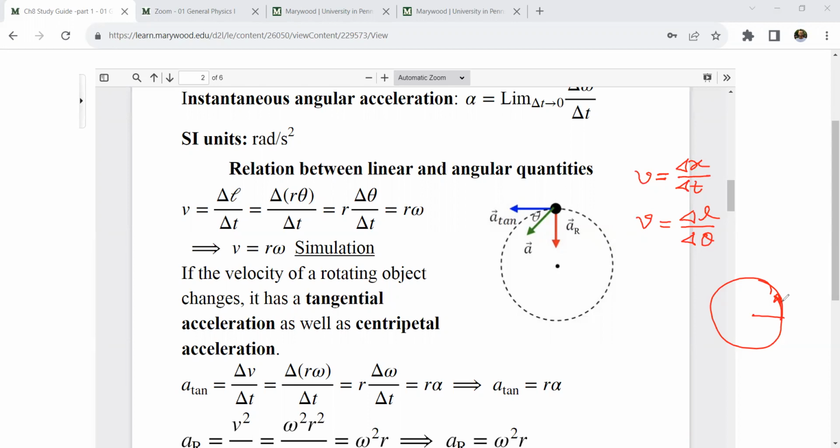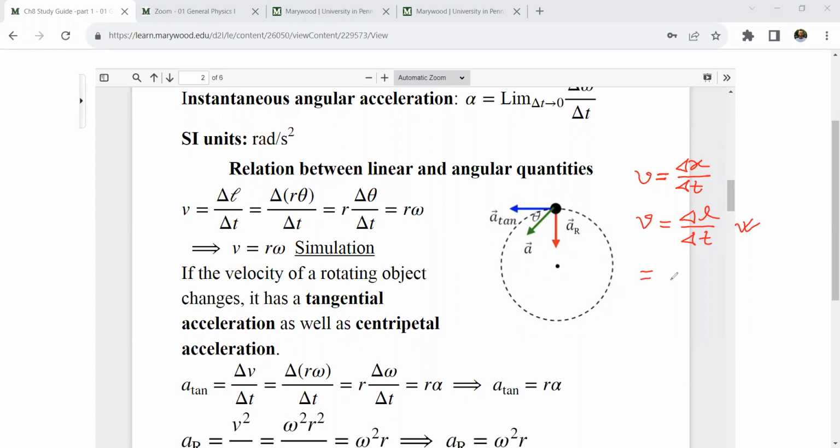So instead of x we use L. The linear velocity is equal to the change in linear displacement over delta t, so delta L over delta t, the rate of change of linear displacement with respect to time.